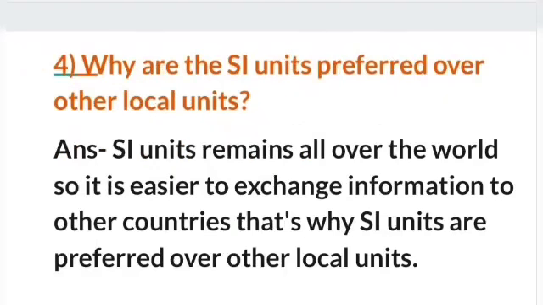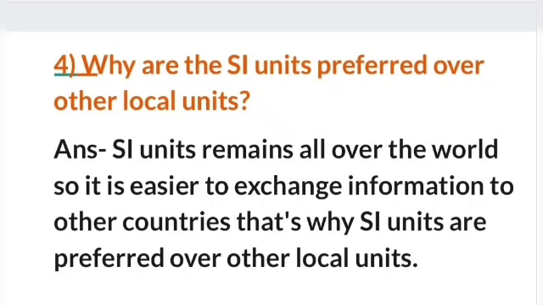Question number 4. Why are the SI units preferred over other local units? Answer: SI units remain the same all over the world, so it is easier to exchange information with other countries.